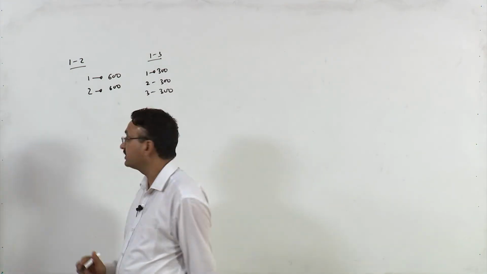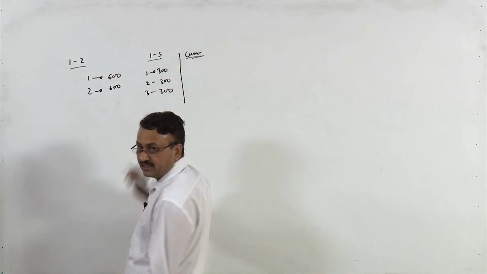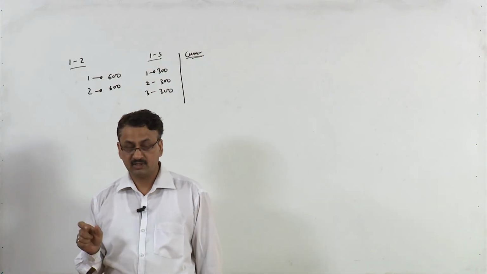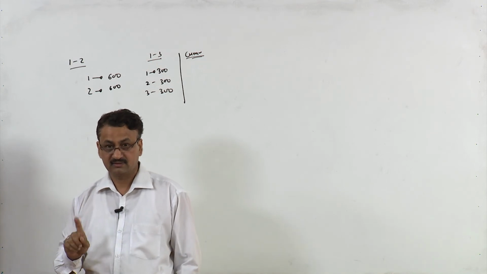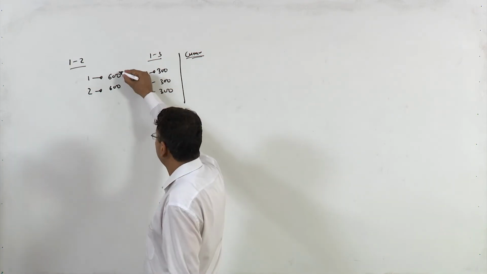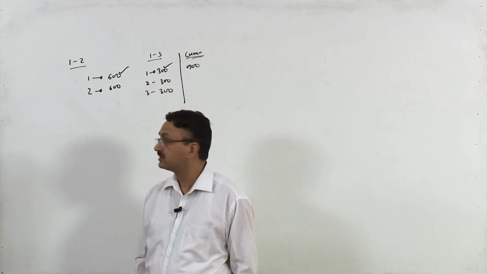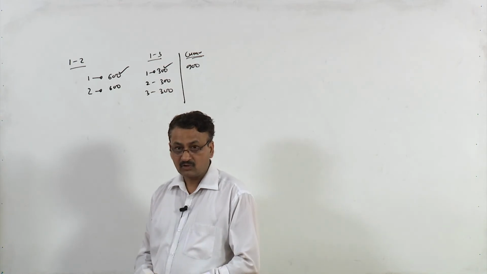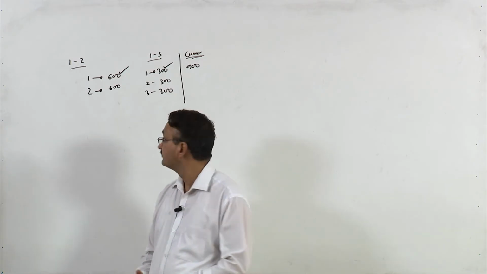Now, if I want to know the cumulative expenditure for this particular project in the first month, it would be this and this, 900, isn't it? Then what would be the total expenditure in the second month for these two activities?